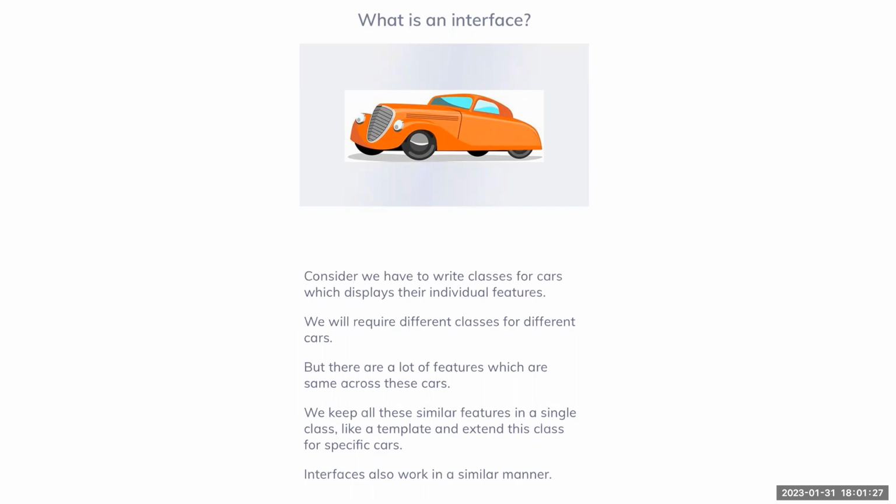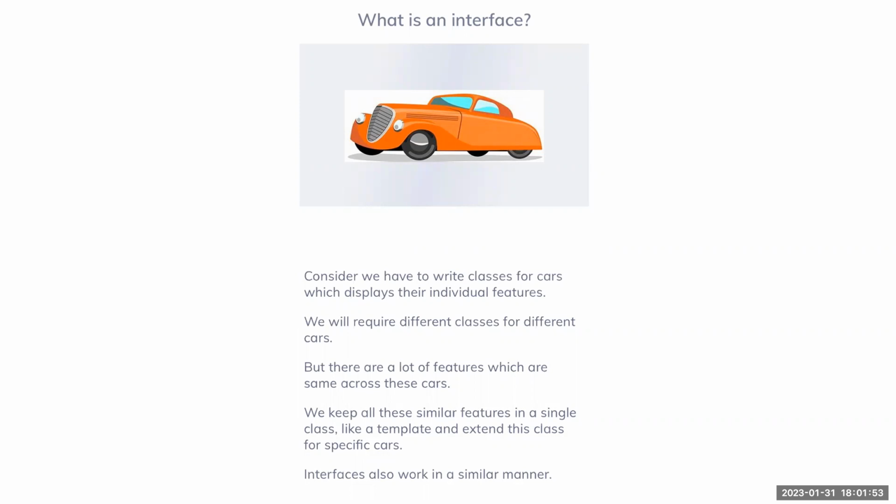So we have to keep all these features in a single class so that we can extend that class and use it everywhere instead of duplicating that. So we have two options: either you go with a class, or you go with an interface.